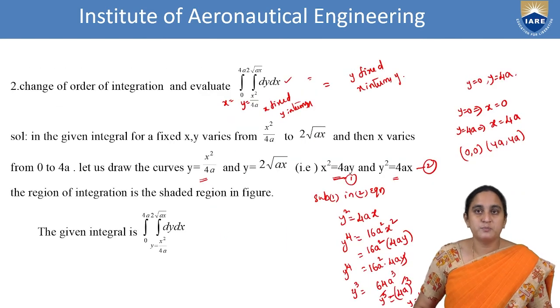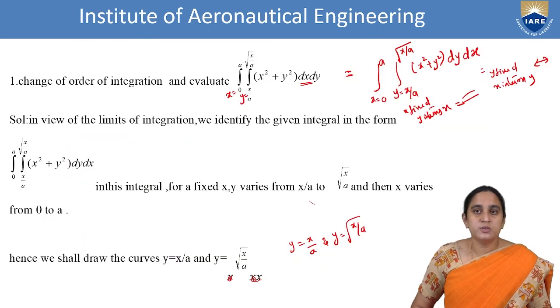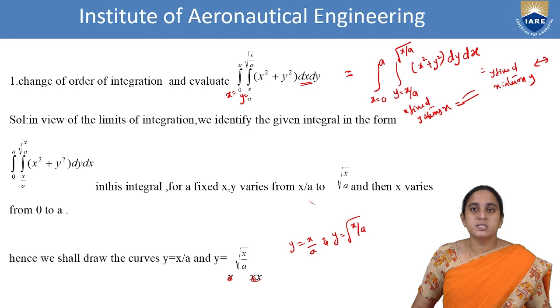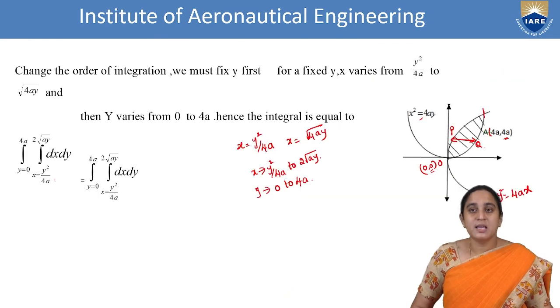Further, once again I'll repeat the topic here. Change the order of integration means, in the question, x is given as fixed and y is in terms of x. In that case, by using change the order of integration, we have to take y as fixed and x in terms of y, by using the horizontal or vertical step.